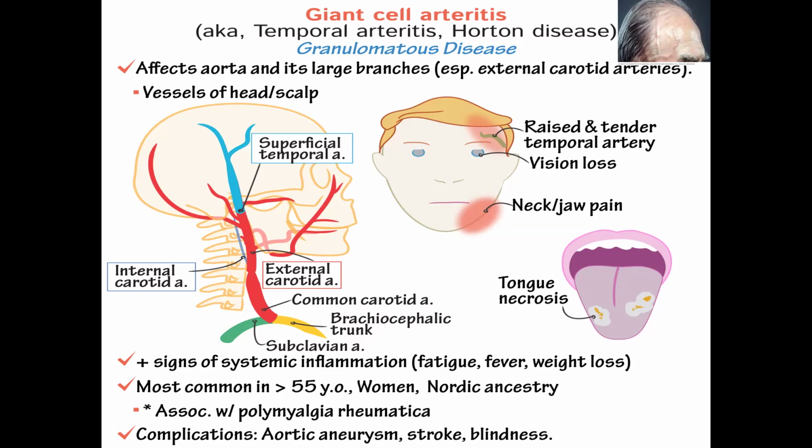Most commonly in females more than 55 years old, associated with a condition called polymyalgia rheumatica, and should be treated aggressively with steroids because it can cause blindness. And it could be also associated with aortic aneurysm and stroke.